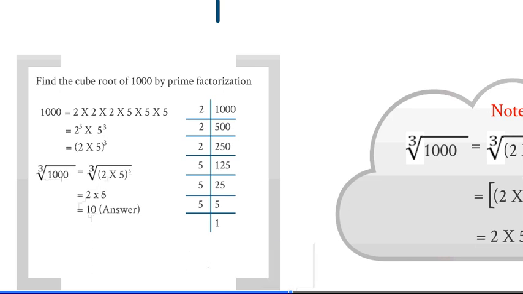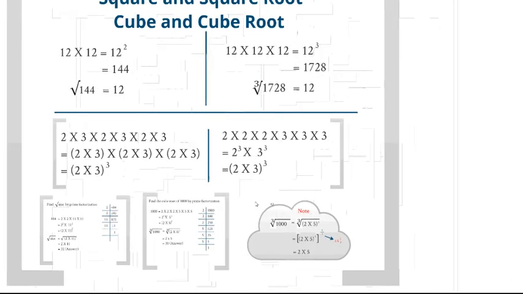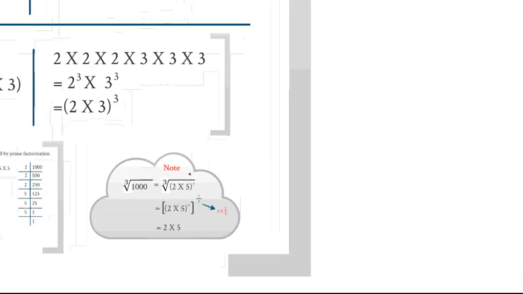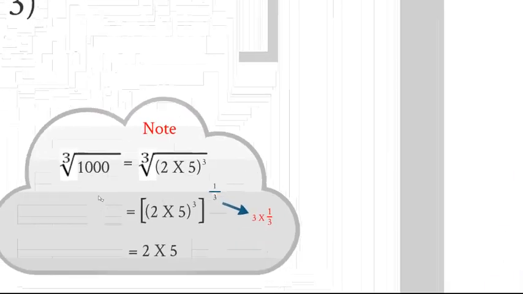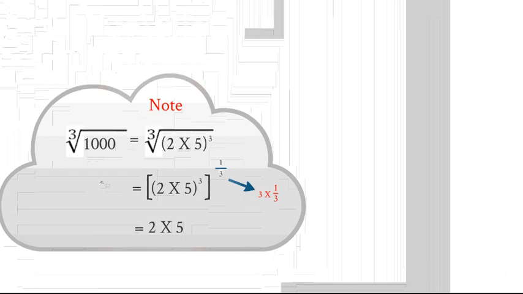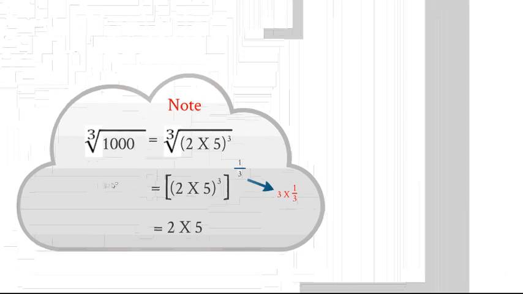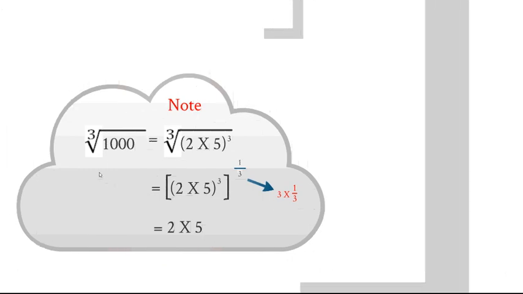So let us look at what I was talking about just now. This was the explanation I said that I would give, right? We wrote the cube root of 1000, and I said that if you apply a cube root on the left hand side, we need to apply a cube root on the right hand side.